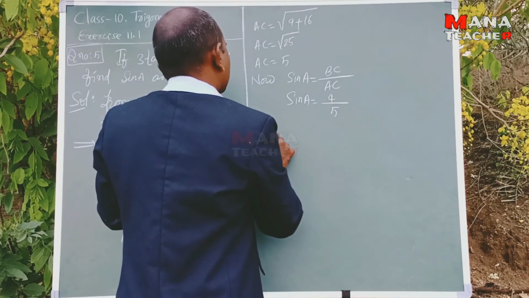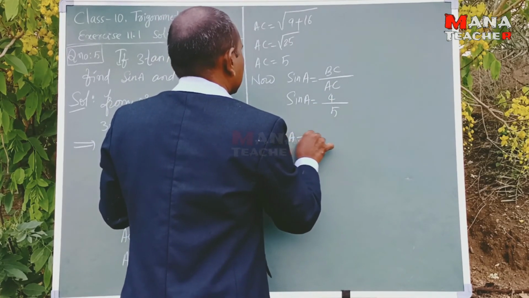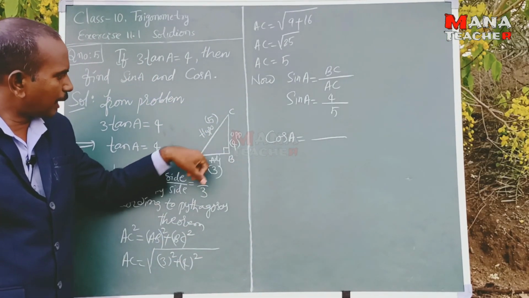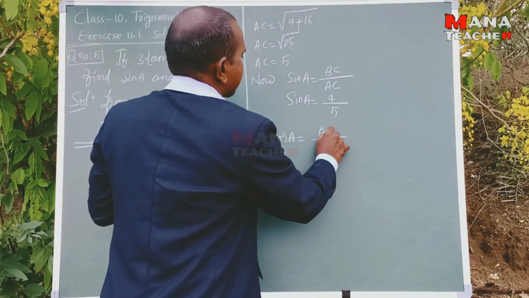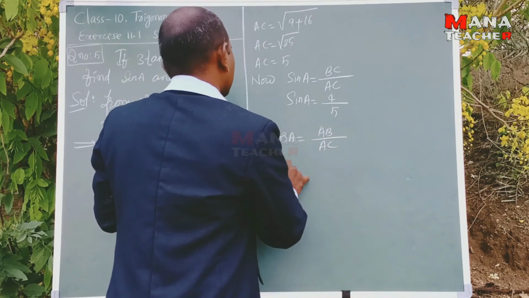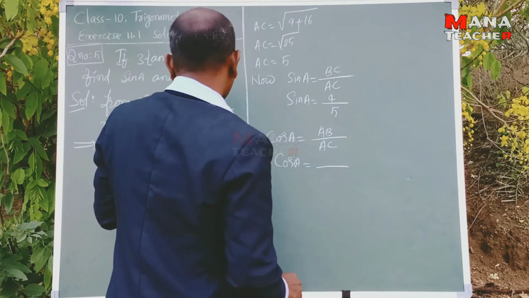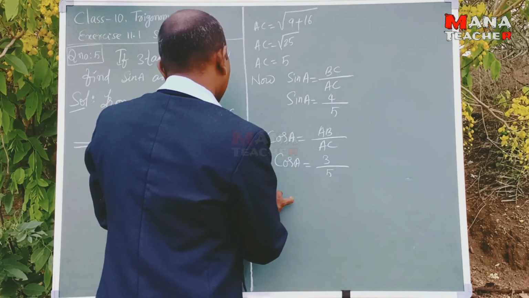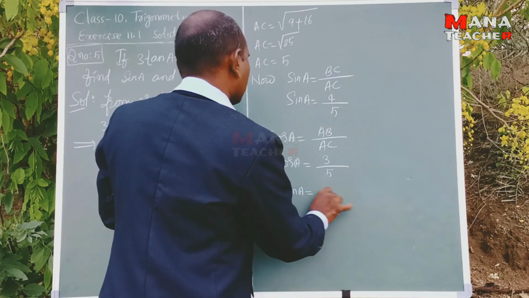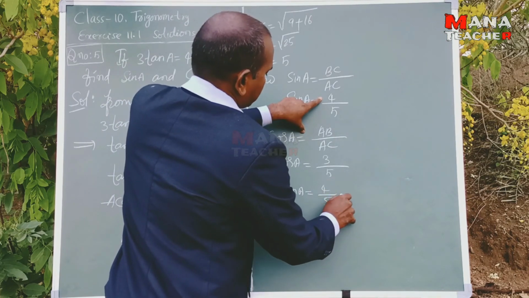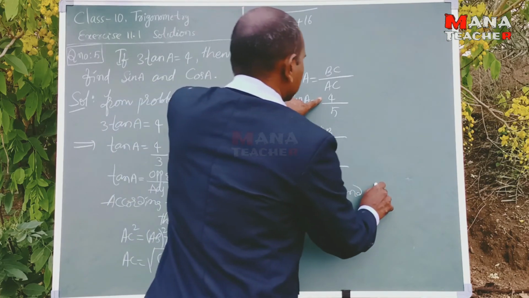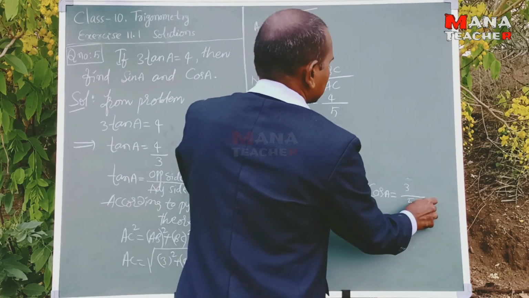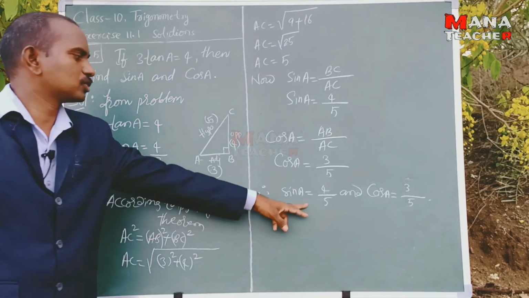Next, cos A equals adjacent AB by hypotenuse AC, so cos A equals 3 by 5. Therefore sin A equals 4 by 5 and cos A equals 3 by 5. So this is the solution. Okay.